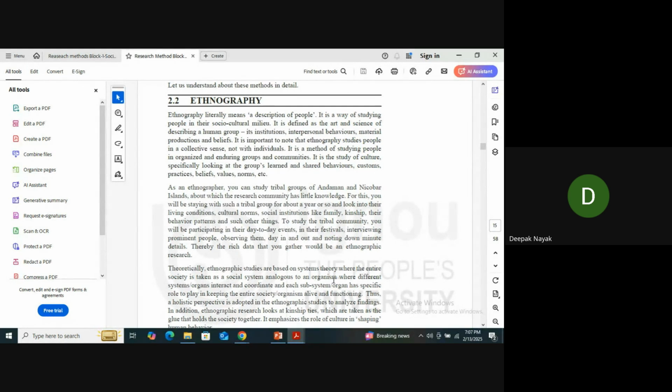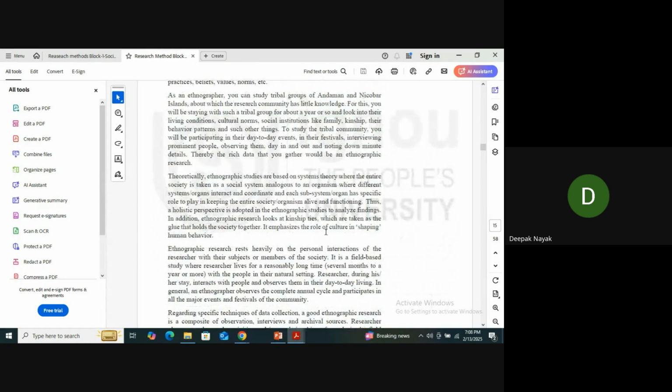Their kinship, their behavior patterns, their culture, their food patterns, their festivals, their traditional practices, their beliefs, everything has to be studied to understand the ethnic group. That also comes under qualitative research.